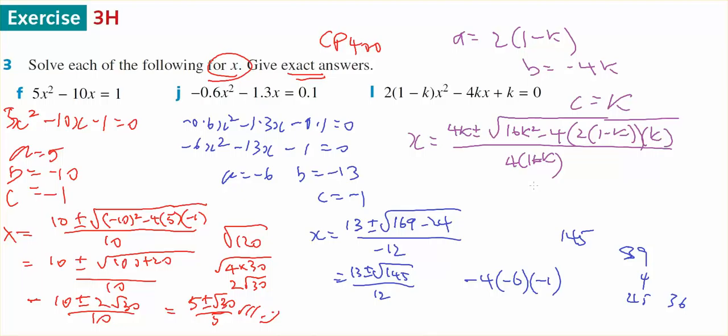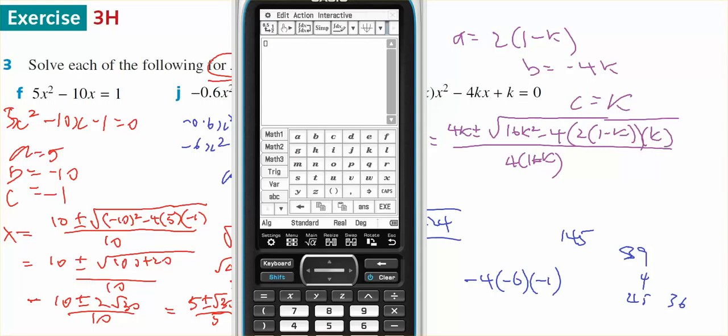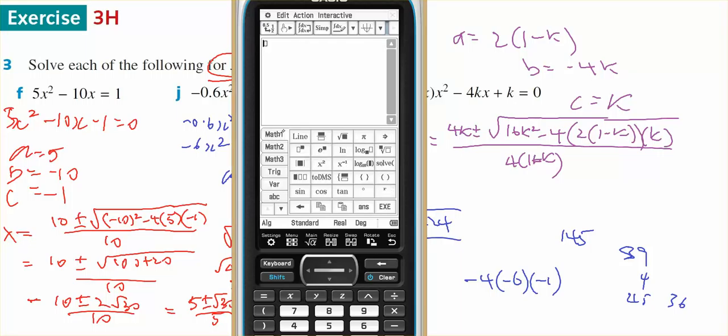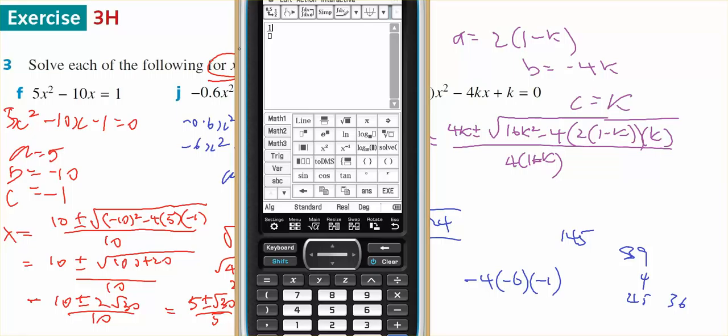Now I'm going to bring up my ClassPad and see if I can help with those. If I was to confirm with the quadratic formula, I would have a fraction: 10 plus or minus, I'll just do the plus, square root of negative 10 squared minus 4 times 5 times negative 1, all over 10.